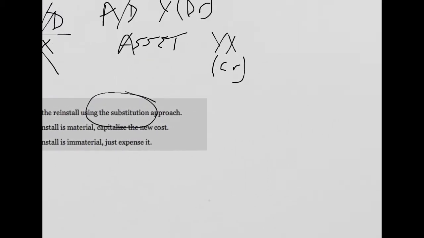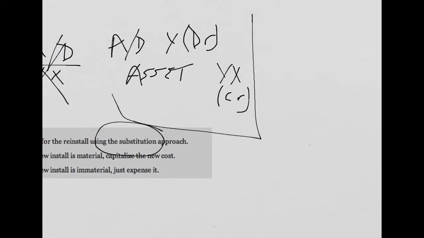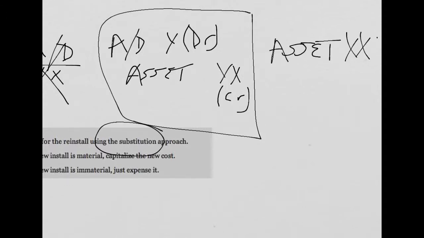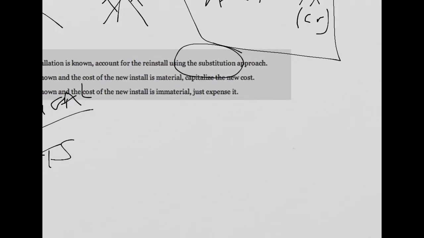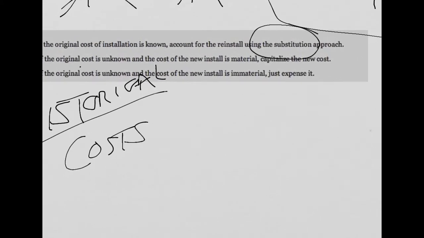By the way, to finish up this entry, that's getting rid of the old asset, and then the new asset is merely debited for the cost of the new asset, usually more, because that's the way life works. Everything costs more day after day, and of course that's the credit of cash. So that's the new.